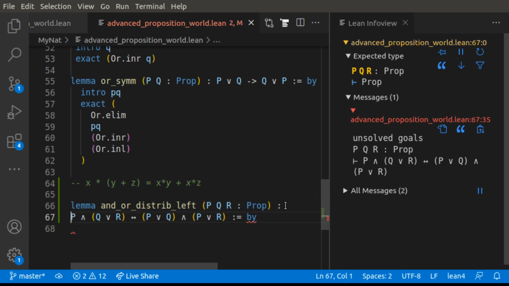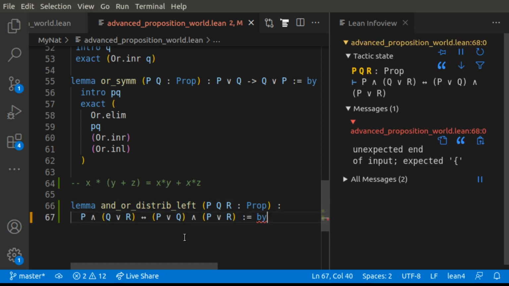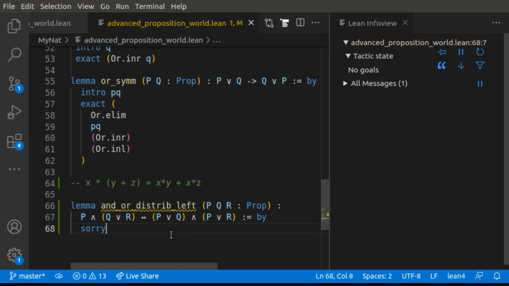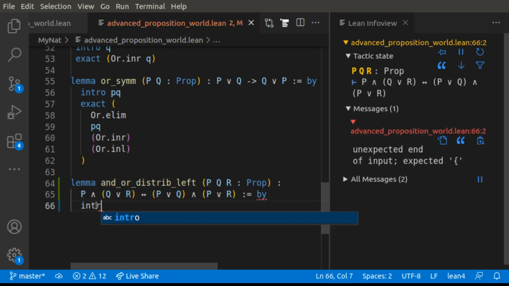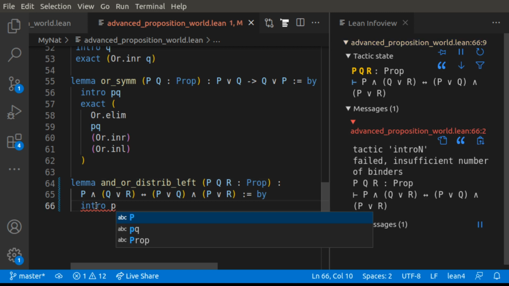Okay, let's see what we're working with here. So we can intro. What is this?